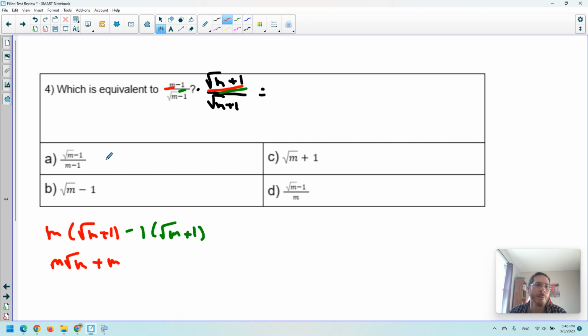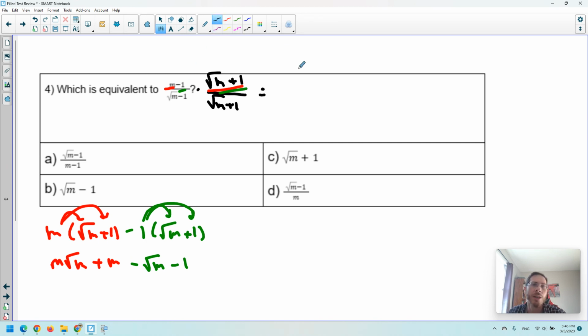Oops, let me get my arrows in there, because I'm distributing here. And I'm going to distribute again this -1. So I'm going to get minus radical m. And then minus 1. So this doesn't really look very good, because it doesn't look like anything here is going to cancel out.